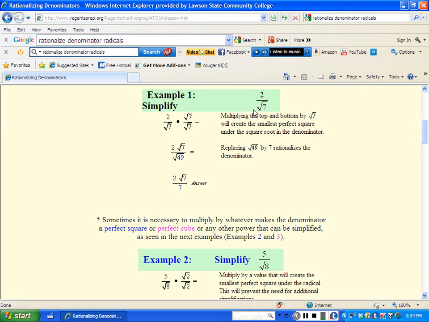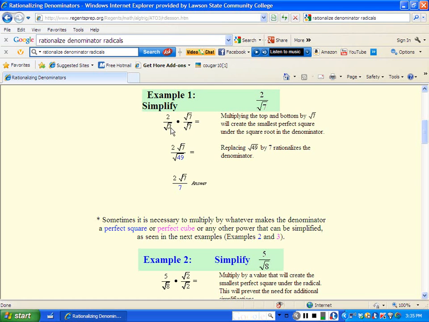So they multiply the top and bottom by the square root of 7, because square root of 7 times the square root of 7 is the square root of 49, which is 7. The reason why that was done is because 7 times 7 is a perfect square.